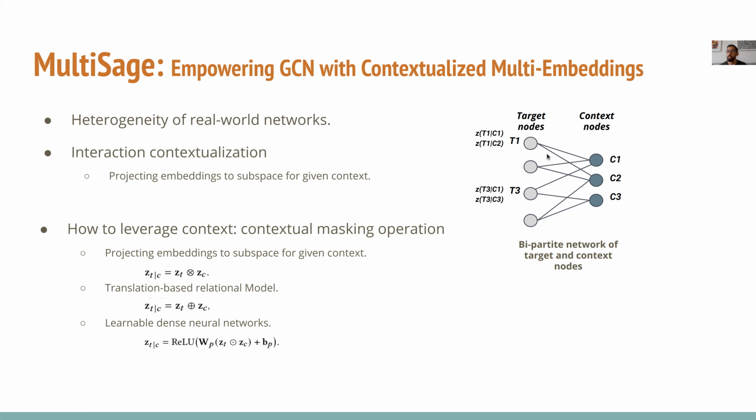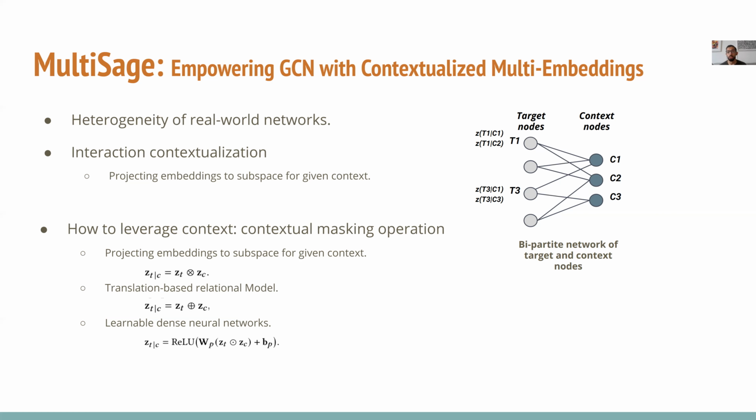They call this step contextualizing the embedding of T1, in the sense that they project the original embedding of T1 into different subspaces according to the context. So we have multiple embeddings, as many as the number of context nodes that a target node has a connection with. In this example, we have two context nodes, C1 and C2, for the node T1. So we have two possible projected embeddings.